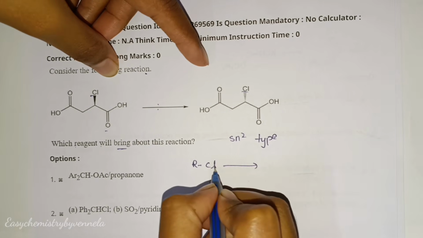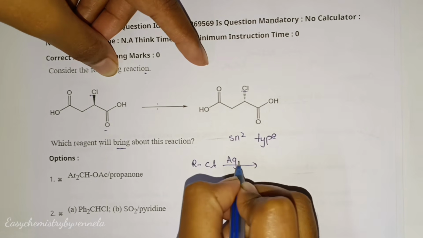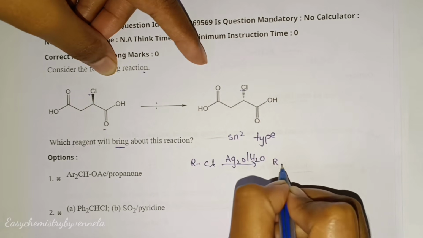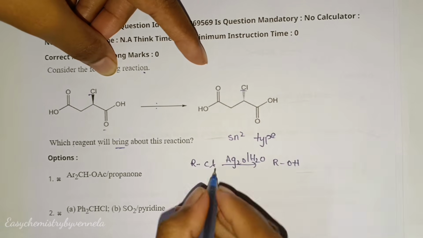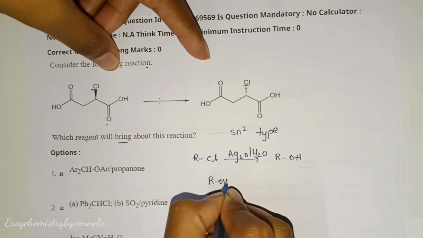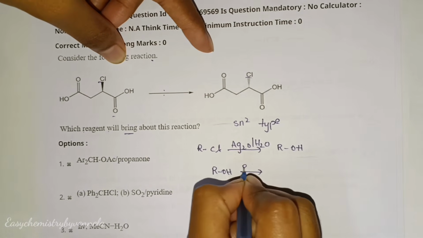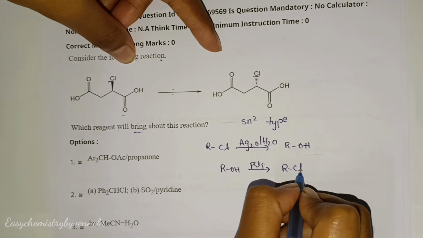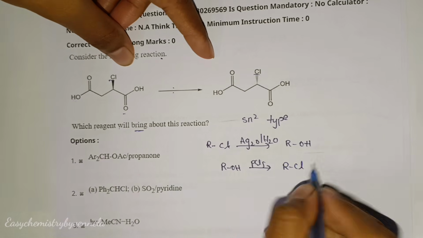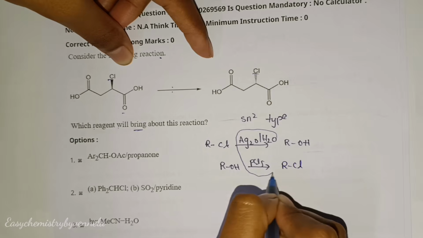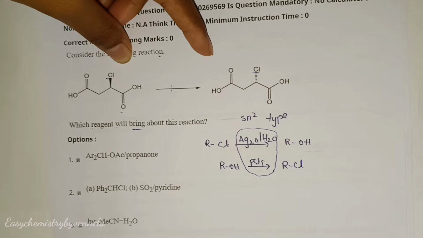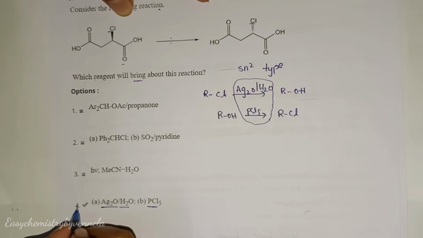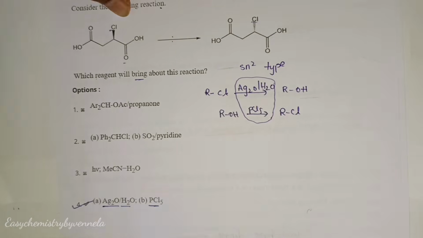So RCl, Ag2O and water, it forms the ROH. At the same time, ROH reaction with PCl5, it forms RCl. So this is the inversion reaction. So I am using here reagents Ag2O, water and PCl5. So this is the correct option.